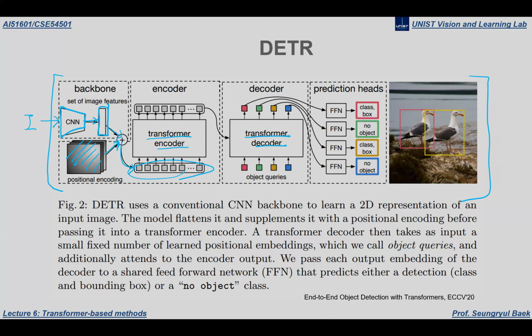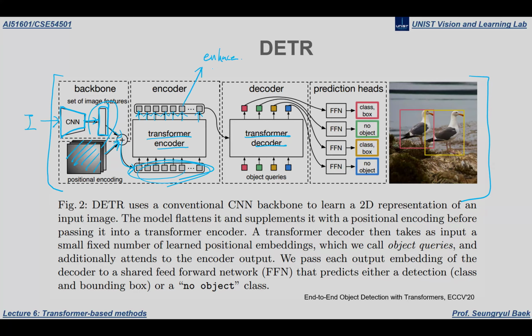The input to the transformer in Vision transformer was flattened raw image patches, but here the input to the encoder is the CNN-encoded image features. That's the difference.